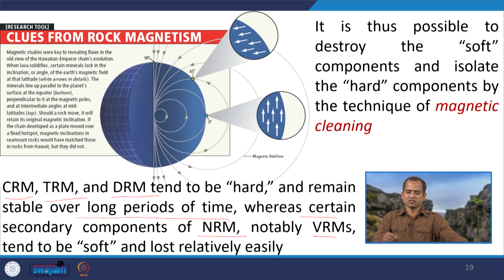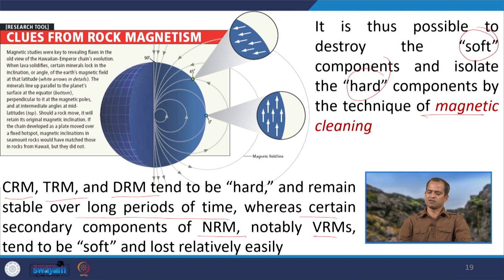So it is possible to destroy the soft component and isolate the hard component of the magnetization through magnetic cleaning procedures.